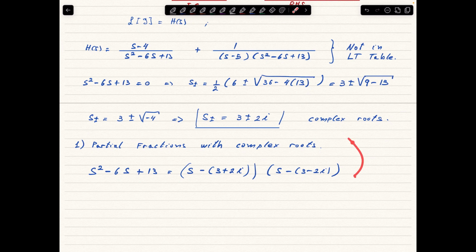We put that into here and there, and we do the partial fraction decomposition that now is going to have complex numbers all over the place, or we work with real numbers and we do what is called complete the square.